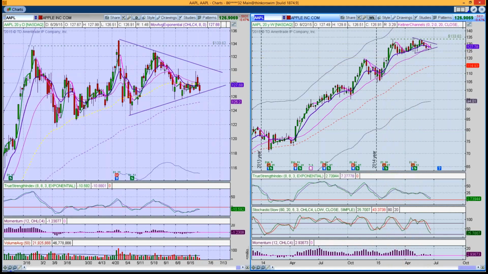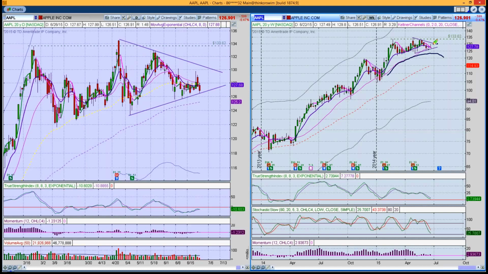Hold on. I'll show you one thing. There we go. Isn't that kind of interesting how it's looking kind of like a rounded top? And if Apple goes south, look at the other indices that will also probably turn around and head down significantly.